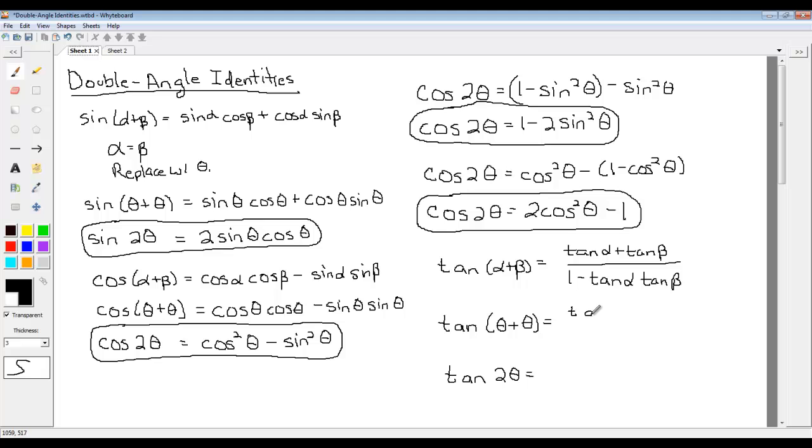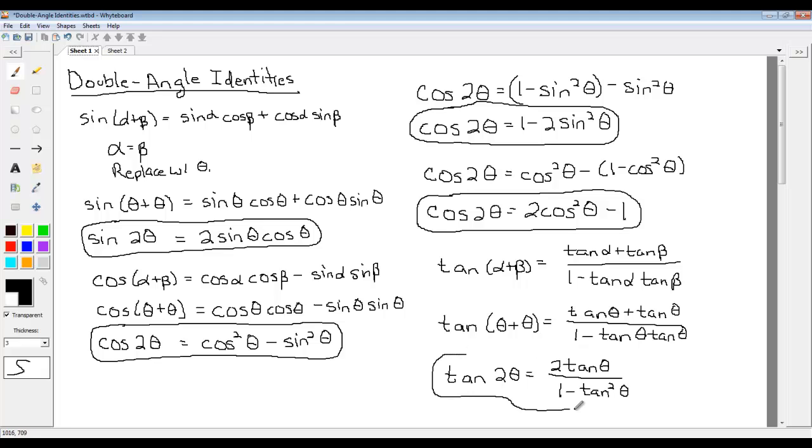We get tan theta plus tan theta over 1 minus tan theta tan theta. So basically we end up with 2 tan theta over 1 minus tan squared theta. And there's the double angle identity for tan. Okay, so there's our double angle identities.